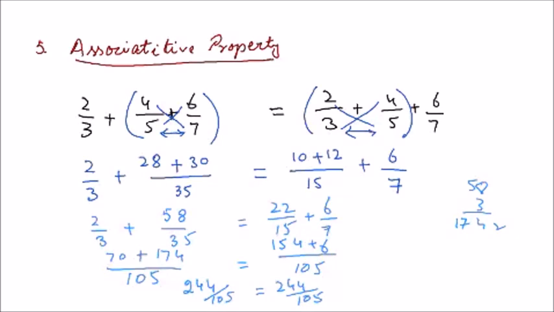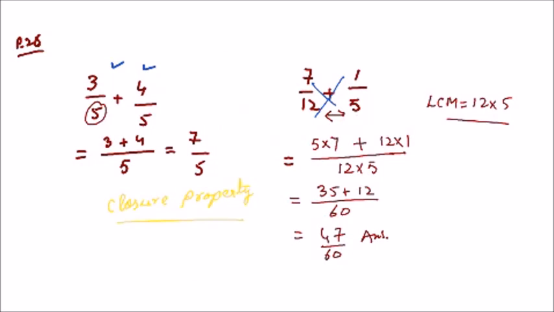So I think that these main 5 points you have understood. Now we learned almost 5 properties. This was the first property, closure property, or rational numbers are closed with respect to addition. Closed means if we have 1, 2, 3, 4, and I add 1 plus 2, I get 3.